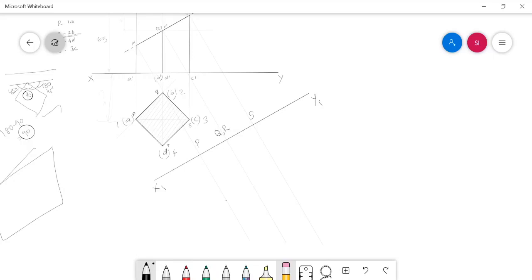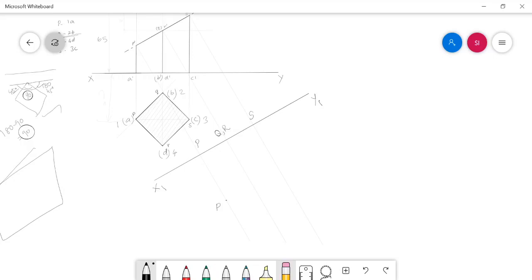Here I am not provided with a proper linear measurement scale, so I am marking the points approximately. In your paper you can mark them with the right values. Then measure the distance between the point Q and the XY line, and mark this distance in the projector of Q, measuring from x1 y1.